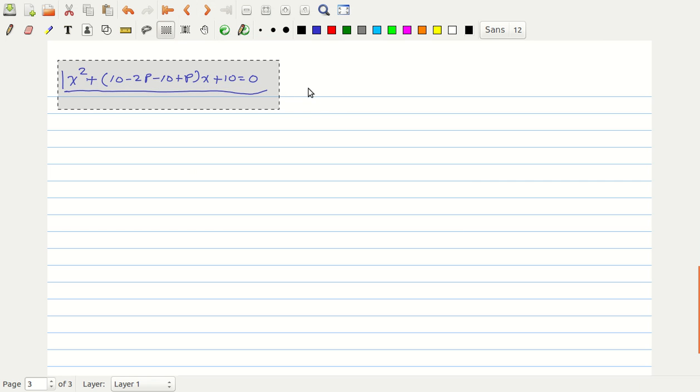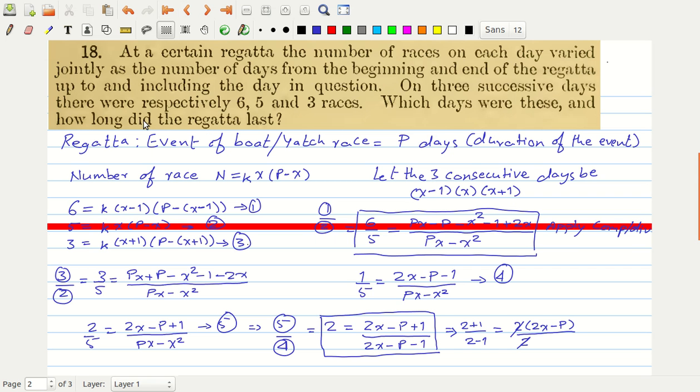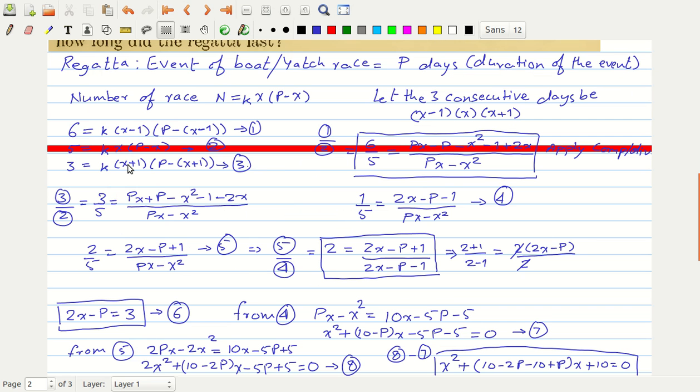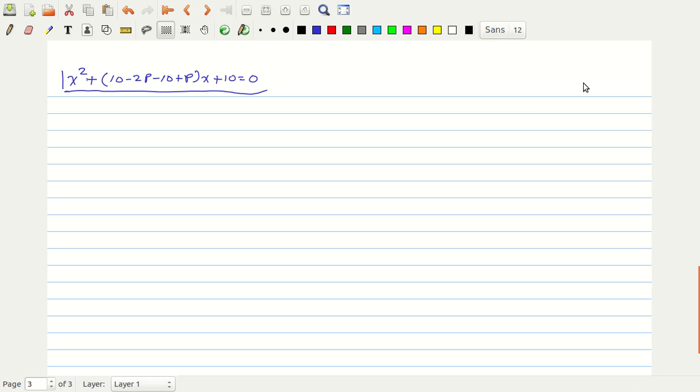Yeah. So, this equation is useful, and we will also copy this equation because this is also useful. Okay.